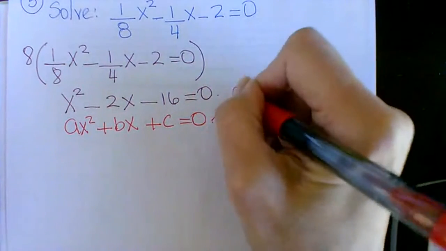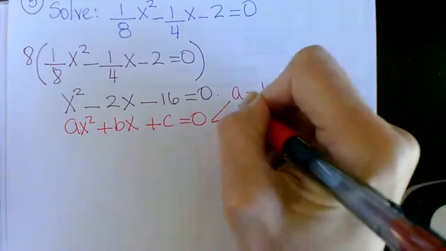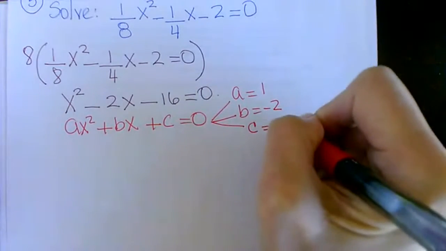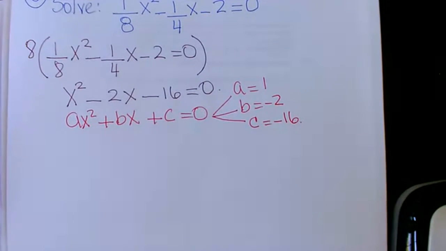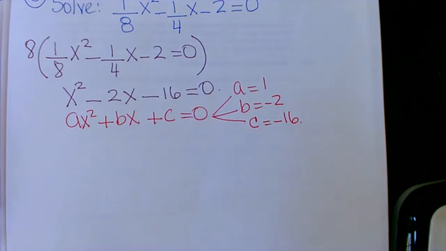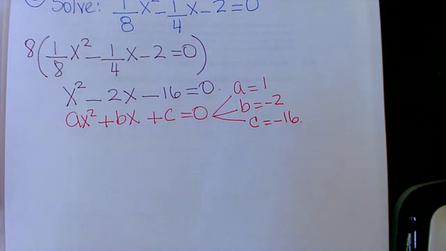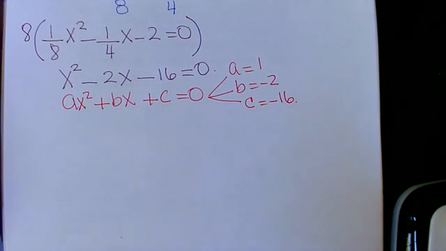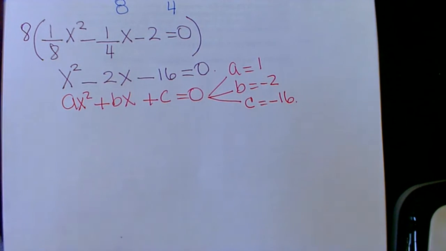So what is a going to be equal to? 1, b is -2, and c is -16. No, because 8 times 0 is 0. Remember, any number multiplied by 0 is 0. Good one. Good question. Yeah. So let me get my quadratic formula.